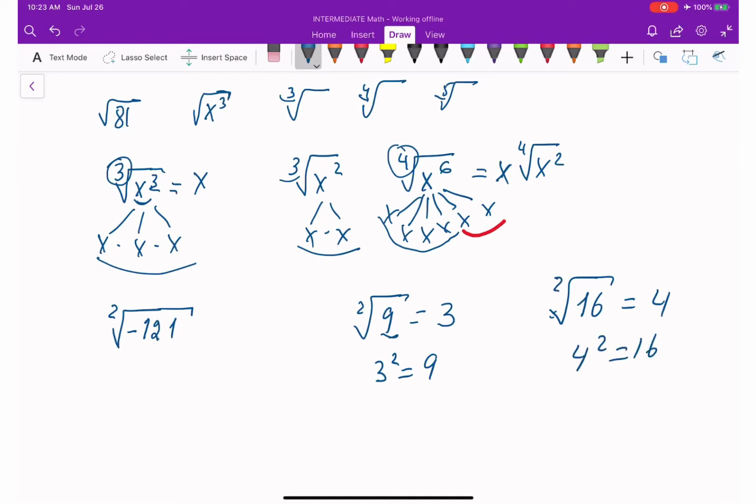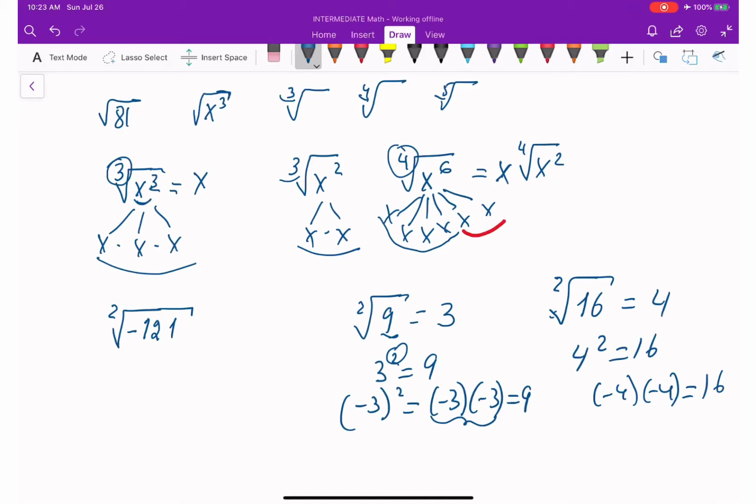Now let's take negative sign, negative 3 to power 2. So that equal negative 3 times negative 3, right? And still I'm getting positive 9. Same way here, negative 4 times negative 4, 2 of them, because I have 2. So I multiply 2 of them. So I still get positive 16. What does that mean?